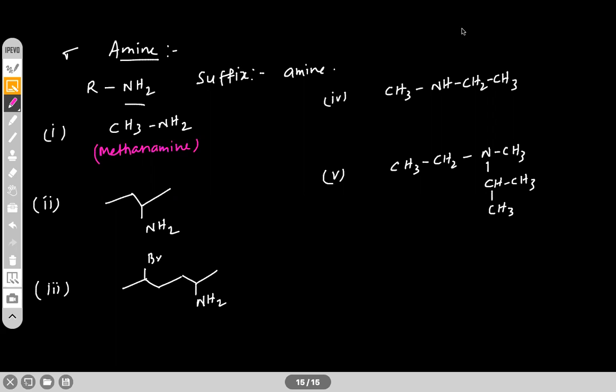If anything is substituted there instead of hydrogen, then we'll write N-methyl, N-ethyl, whatever, accordingly. Yes, it's correct.